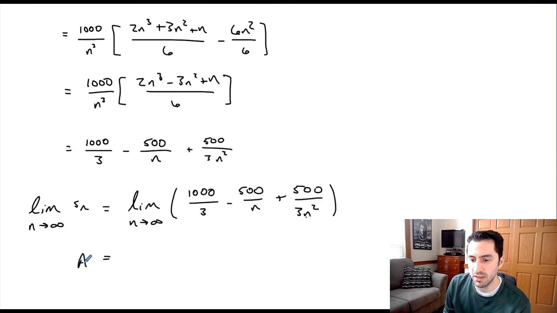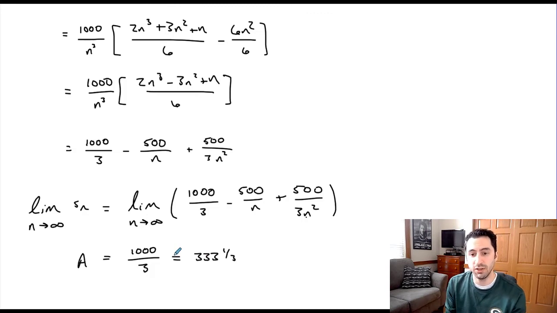So that means the area under this curve is 1,000 divided by 3, which is 333 and a third square units. And that is the exact area underneath this curve.